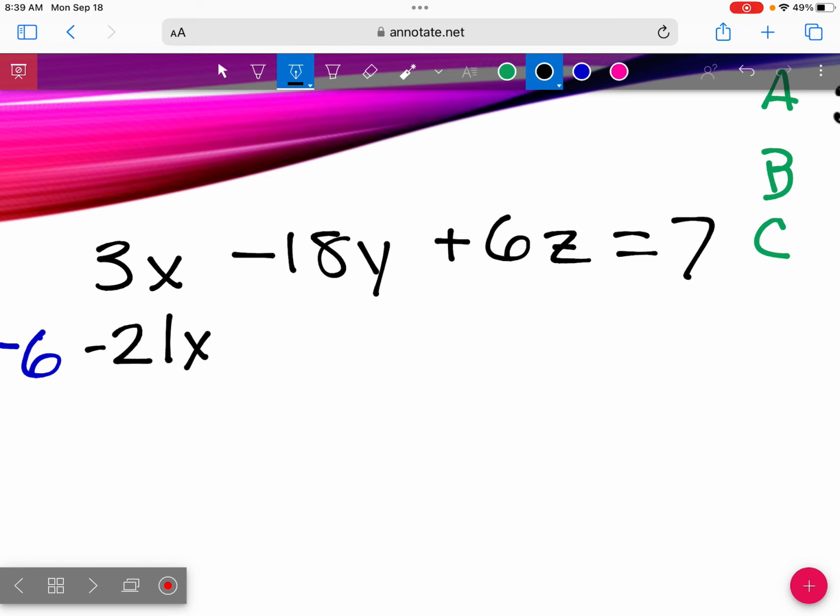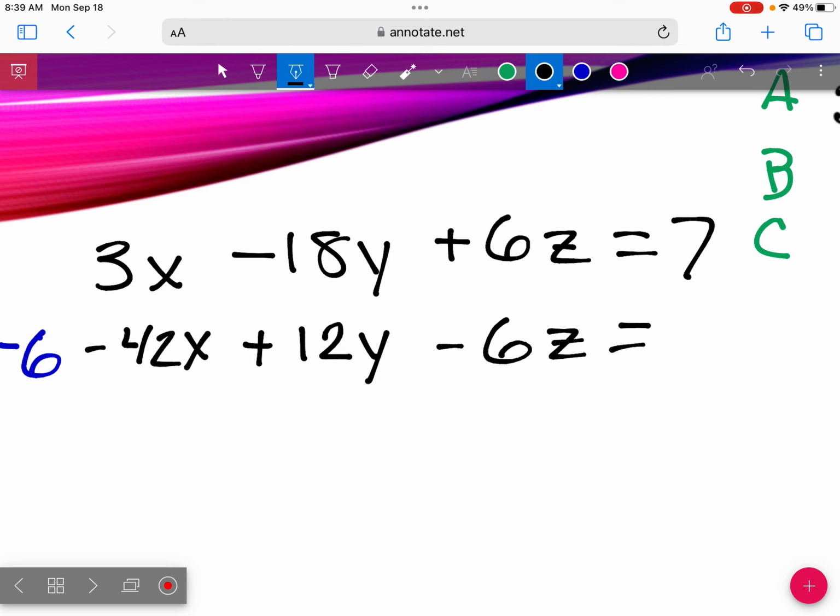Nope. No. B times negative 6. 7 times 6. 42. I was smushing together the 3 and the 6. Then we have our negative 6 times negative 2, giving us positive 12y minus 6z. This is why I always recommend writing things down like I have over there. I'm taking B times negative 6. It made it very much easier for me to spot.